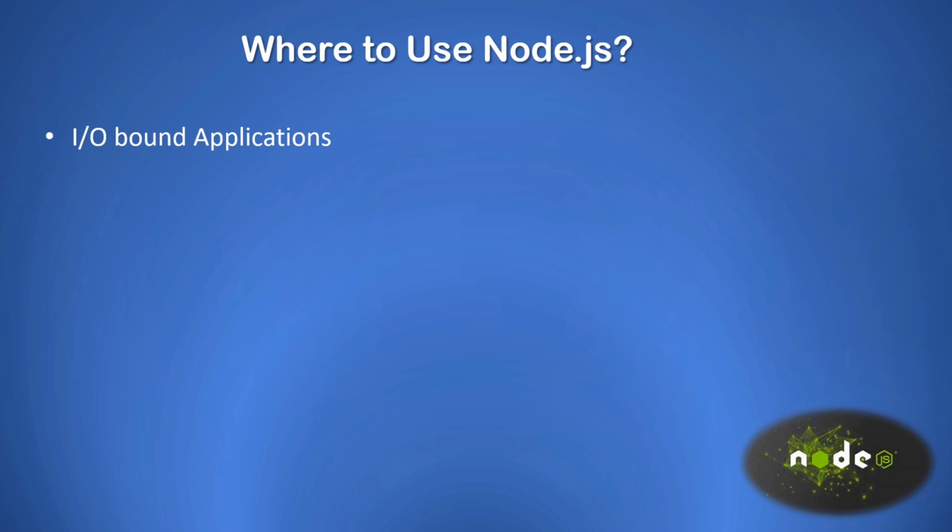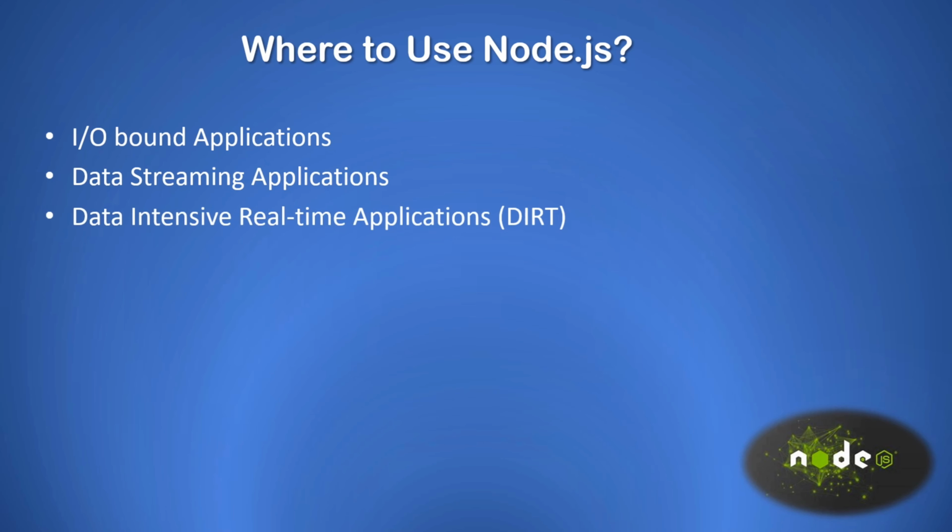Node.js is a fit for input output bound applications, and very much for data streaming applications, where you have to stream data, maybe from a file, or a video. It's very fast because it's all in chunks of data. That is why Node.js is meant for such kinds of applications.